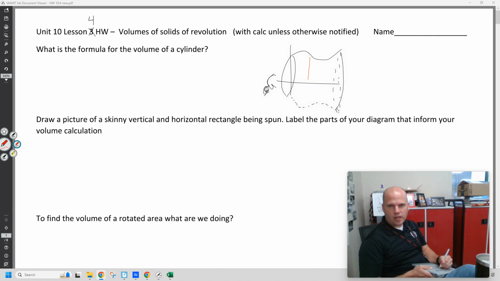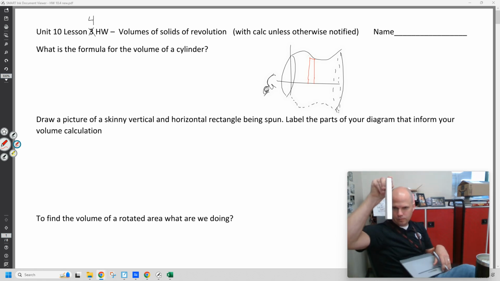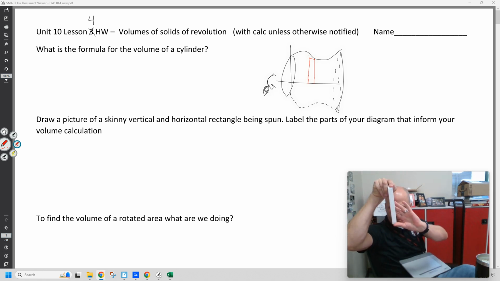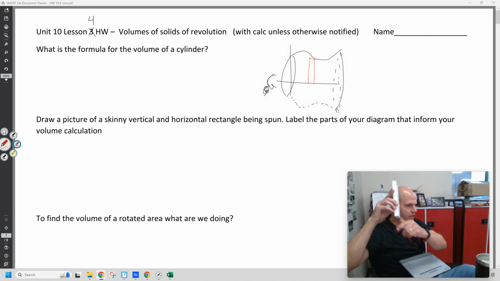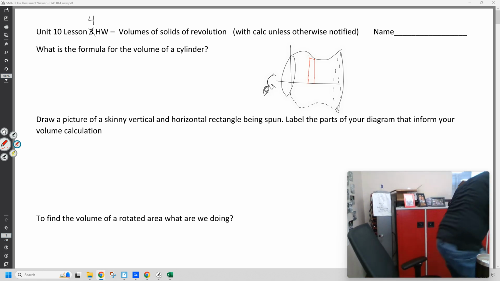Because we should know that when a rectangle is spun, it creates a cylinder. Let me get my CD.